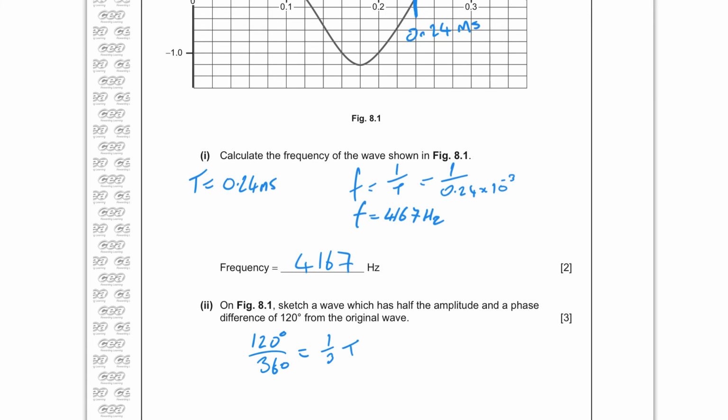So it has to have half the amplitude, the exact same wave shape except it's less tall. So it has to have the same period, but it has to be shifted along a third of a period. Now the period is 12 squares long in our graph, so we need a third of that. So we need to shift it 4 squares, which is a third of a period.